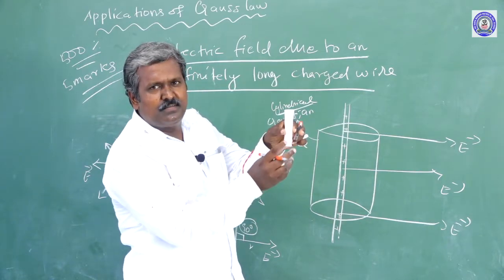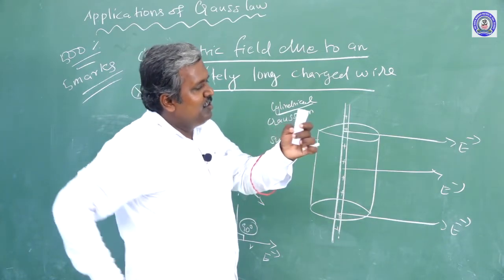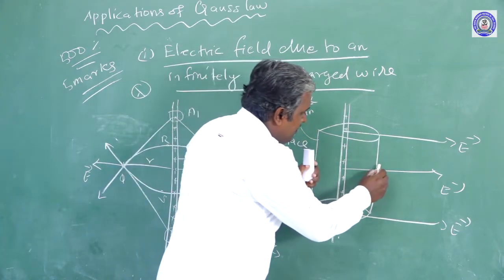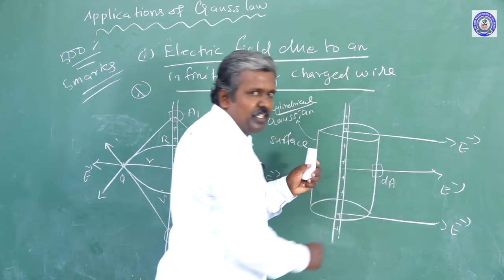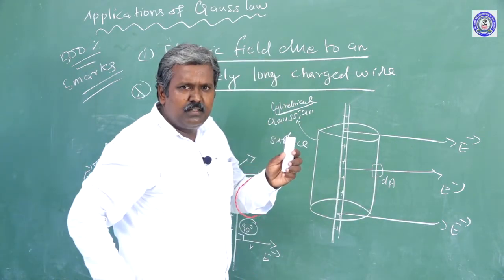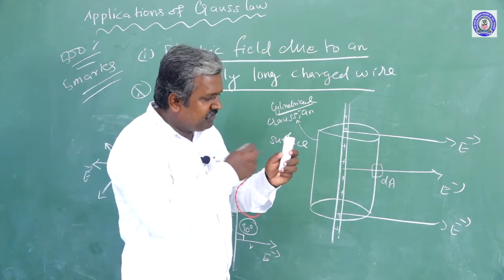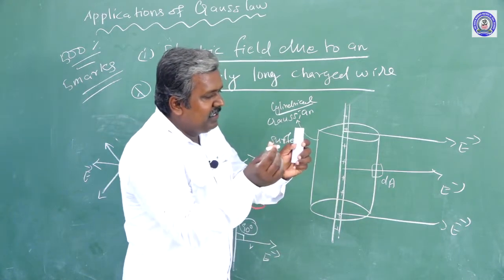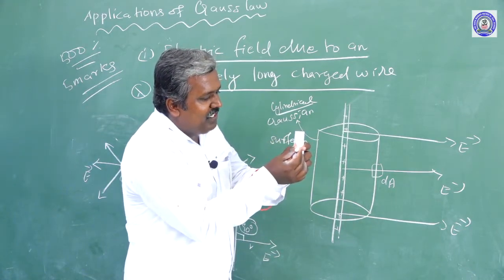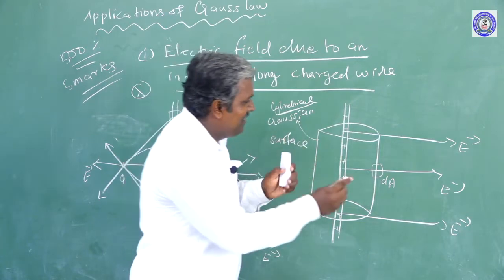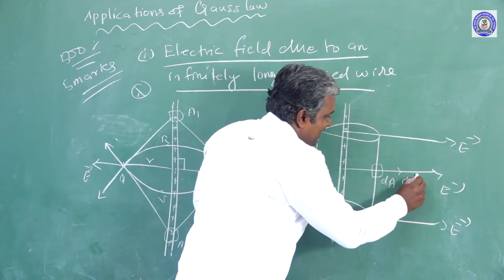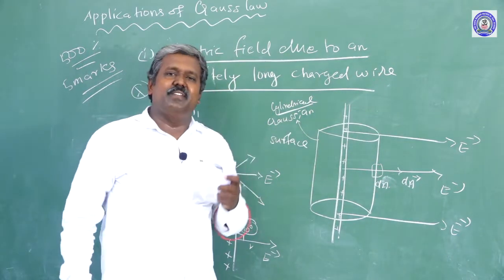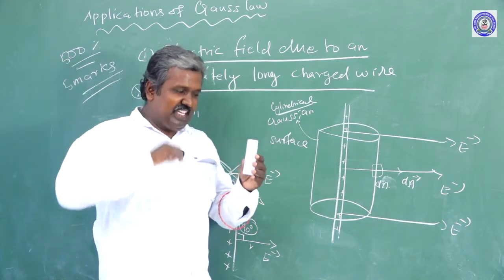Small portion means dA. This is the electric field, acting like this. At the same time, how will you draw the dA vector for this small portion of surface? Like this, dA vector. This is dA, this is dA vector. Clear? Okay, very good.